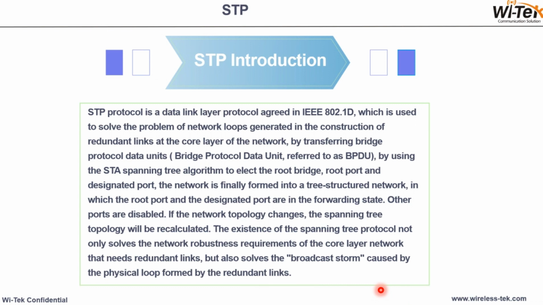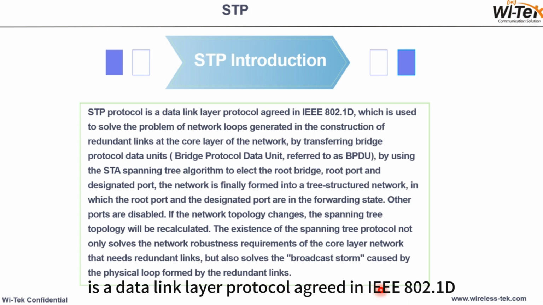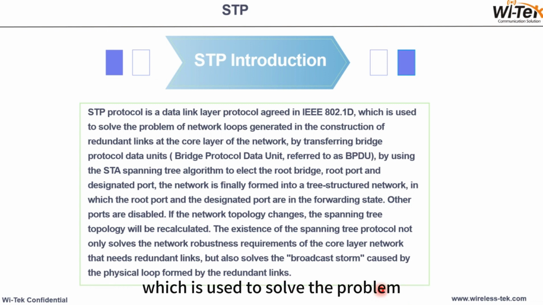STP is a data link layer protocol defined in IEEE 802.1d, which is used to solve the problem of network loops in the construction of redundant links at the core layer of the network by transferring bridge protocol data units.